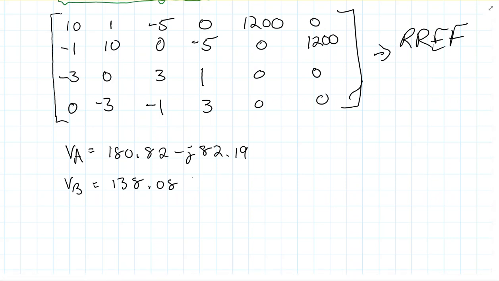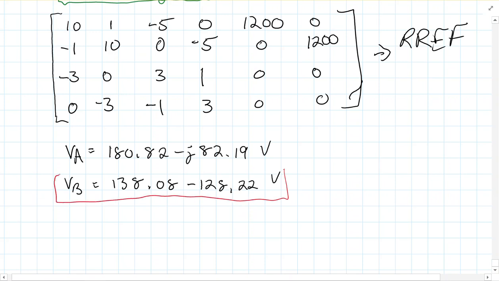I'm sorry, let me see here. Is that right? I'm looking through my calculator here. Yeah, minus 128.22 j. And these are both in volts. And so, of course, this here is my answer.